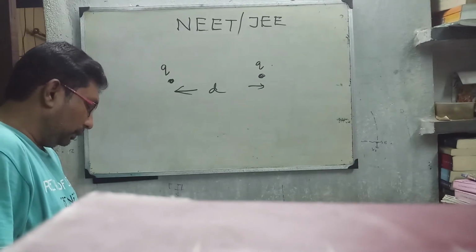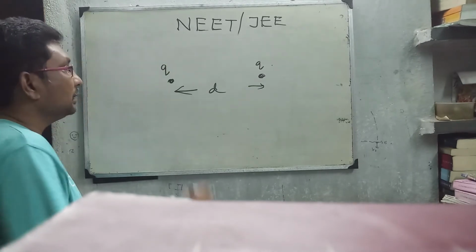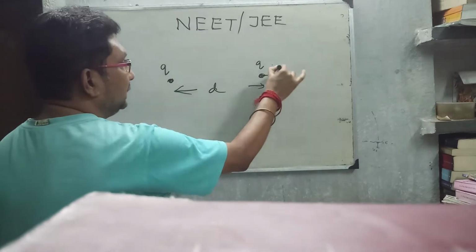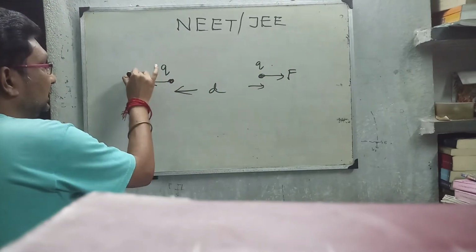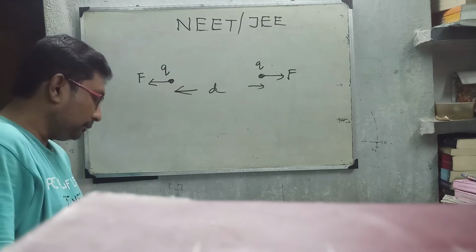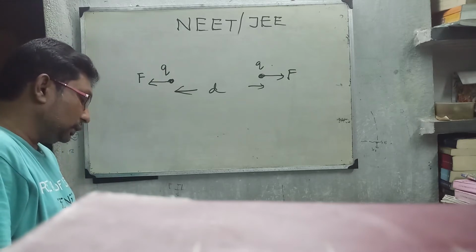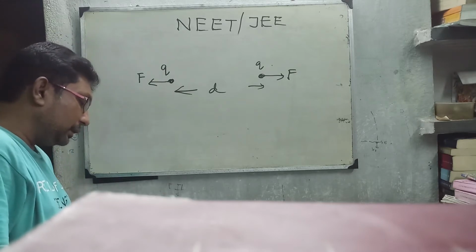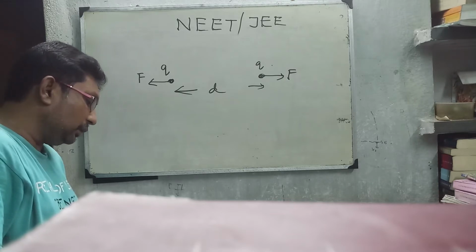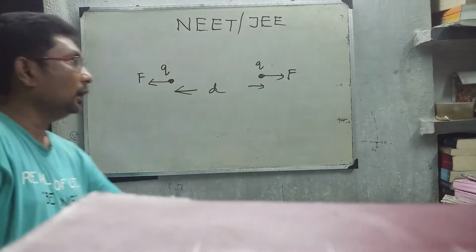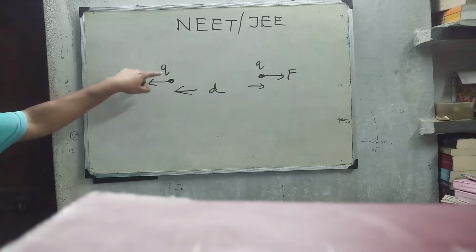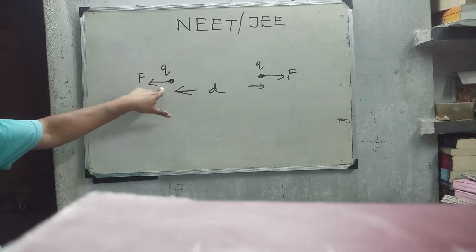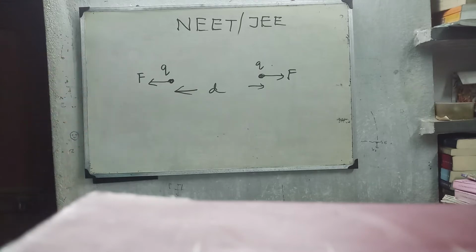If F is the force of repulsion, that is positive, the force is repulsive. F is the force of repulsion between the ions. We have to calculate the number of electrons missing from each ion.